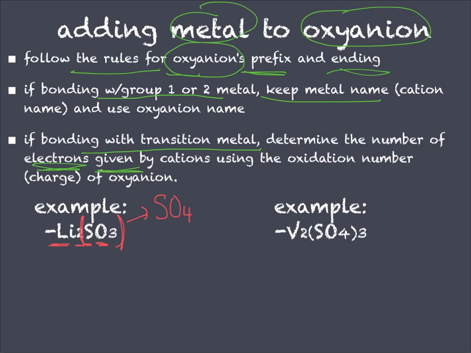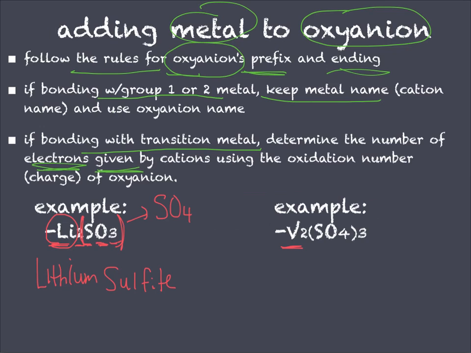So I automatically know it's 1 less oxygen, so it's going to be called sulfite. I also know that lithium is a group 1 metal, so I don't have to worry about giving it a Roman numeral. I just name it the same. So I say lithium sulfite.